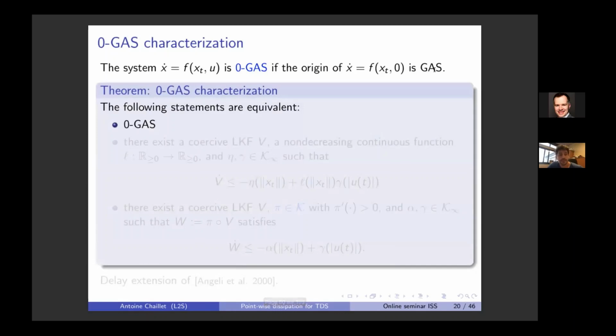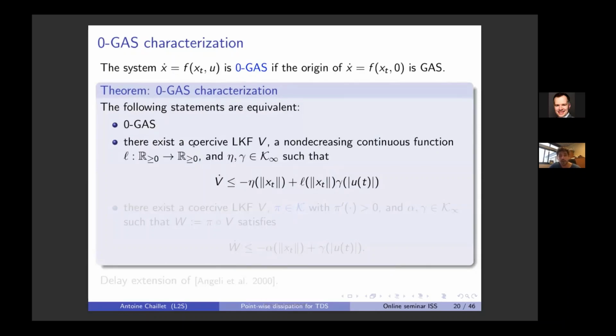There is a result by David Angeli and co-authors in 2000, in a finite-dimensional context, that is simply extended to time-delay systems here. It says that being zero-GAS is equivalent to having a coercive Lyapunov-Krasovskii functional V. It's important to notice that this is a strong generalization of a Lyapunov functional, because it generates a coercive one, such that you get a negative term that involves the whole history function.